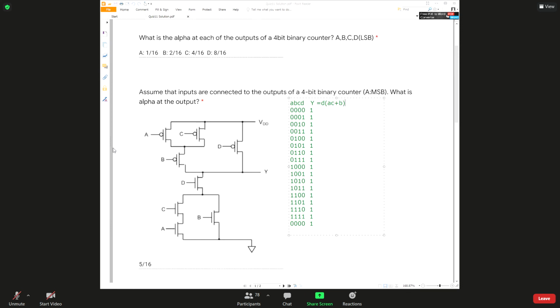The whole thing not, like that. Yeah. But I'm kind of lazy to put the whole thing together, so I'm just going to use De Morgan's to do this. Is that okay? Yeah? So look at this. As long as D equals 0, my output's going to be 1. Do you agree?